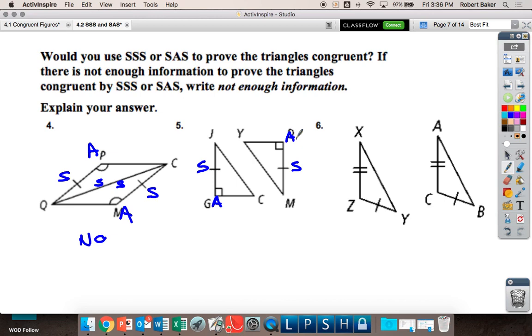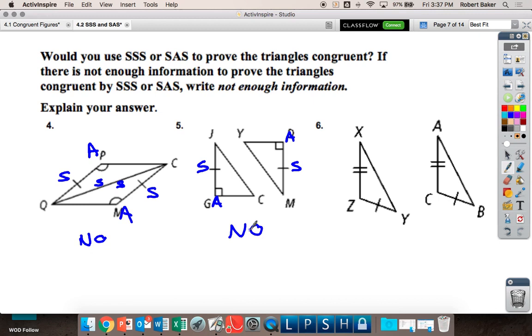You cannot assume anything. Is anything marked? No. For the angle. So we can't. Do you have a shortcut? Right now you have AS. Does that prove anything? No. I cannot say anything about this side or any other angles because I don't know anything else.